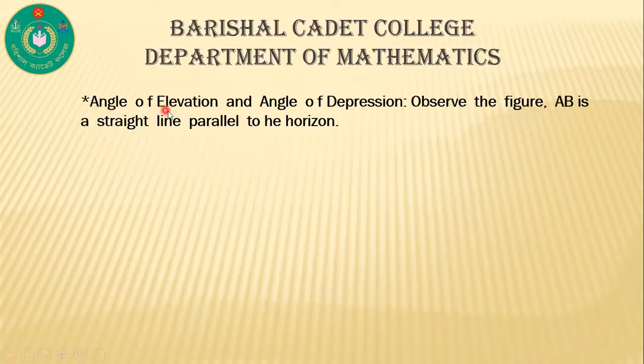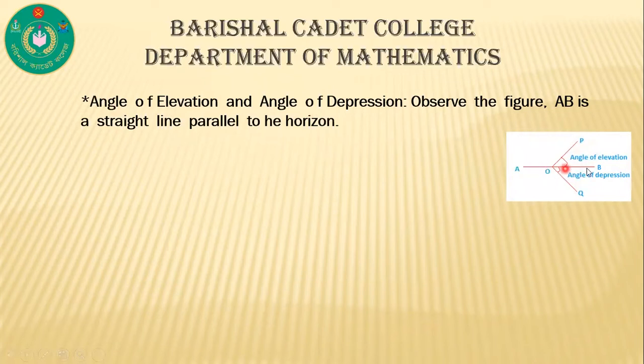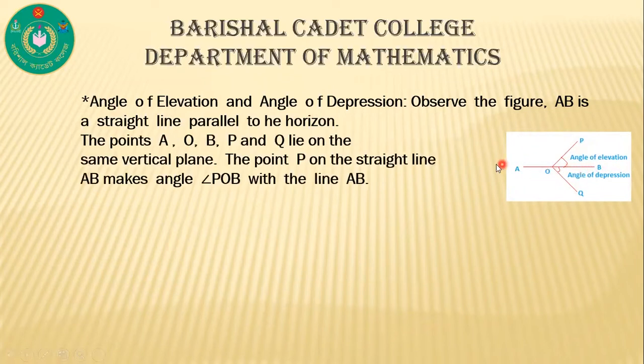Now, angle of elevation and angle of depression. Observe the figure. AB is a straight line parallel to the horizon. The points A, O, B, P, Q lie on the same vertical plane.